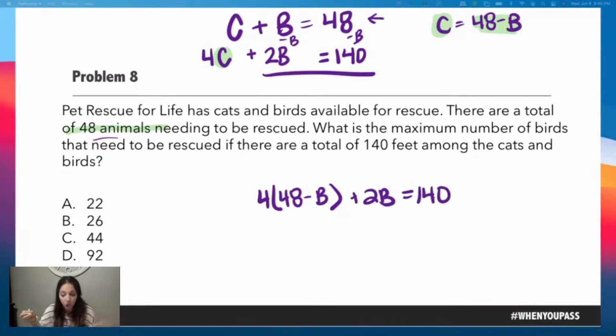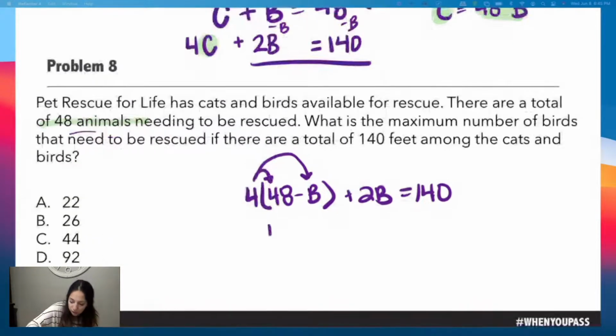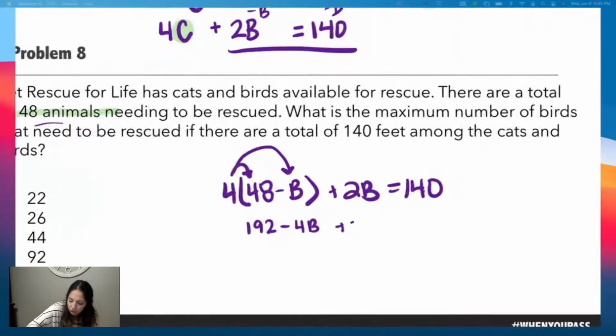Now I'm just going to solve. I see your question, Mona. 4 times 48, 4 times negative B. 4 times 48 equals 192 minus 4B plus 2B equals 140. Negative 4B plus 2B is negative 2B equals 140.